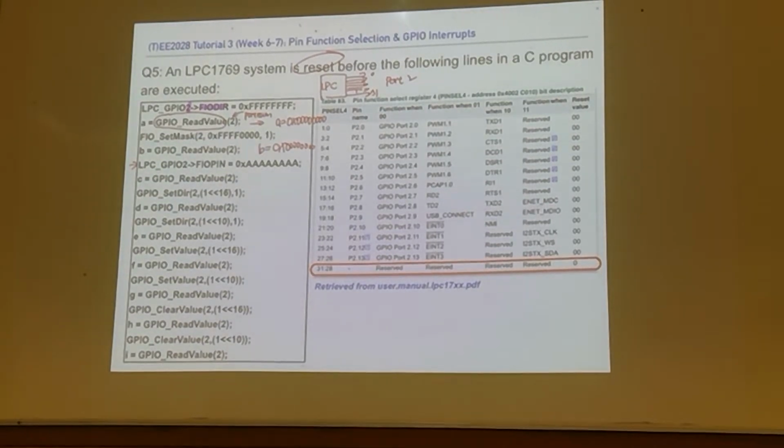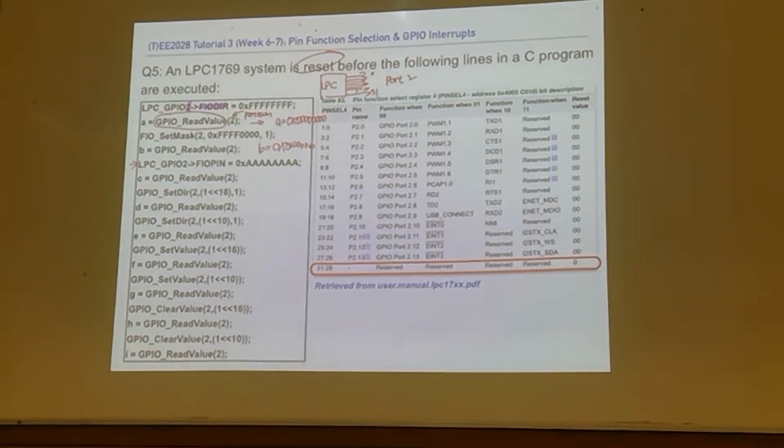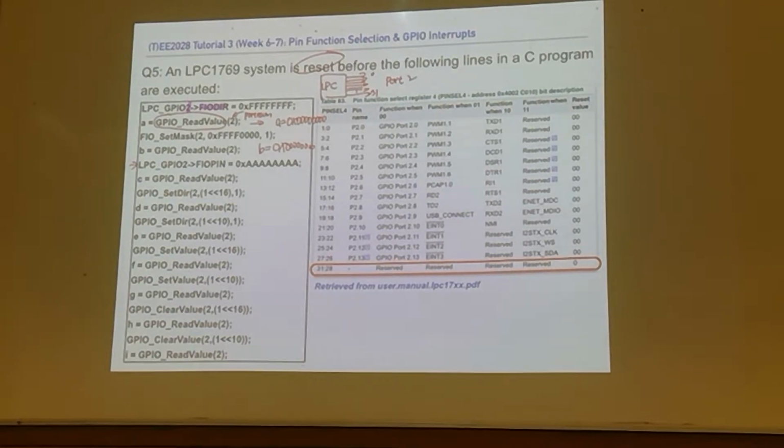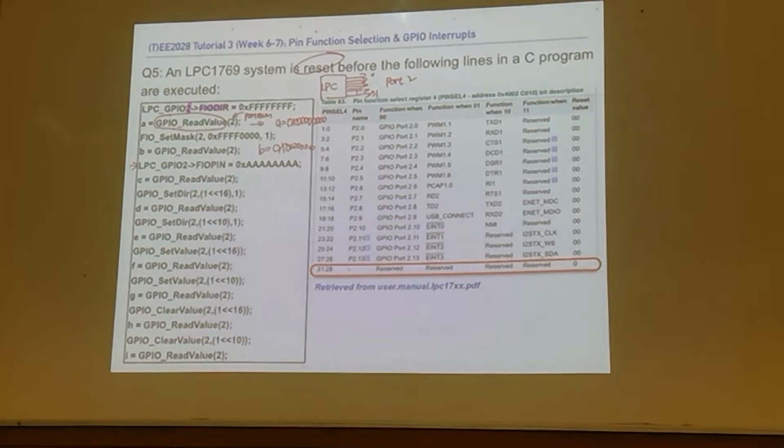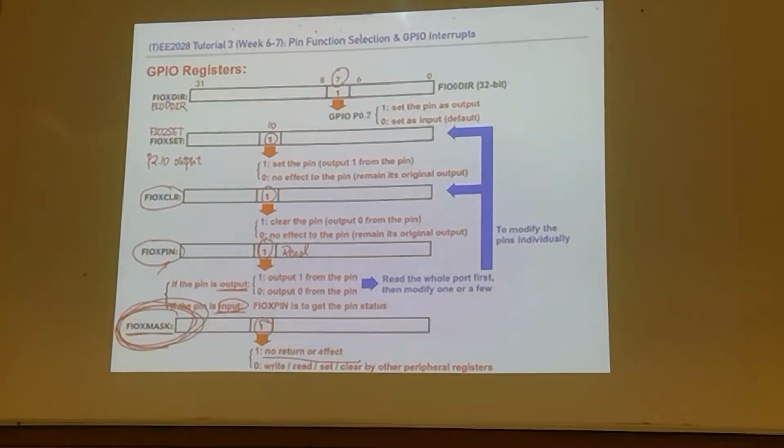LPC GPIO2 FIO pin equals to AAA. Which register we are modifying? FIO pin, right? What is FIO pin?